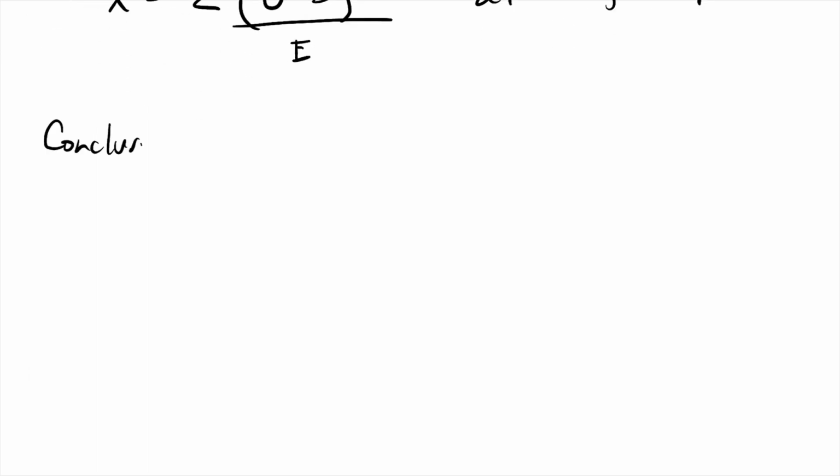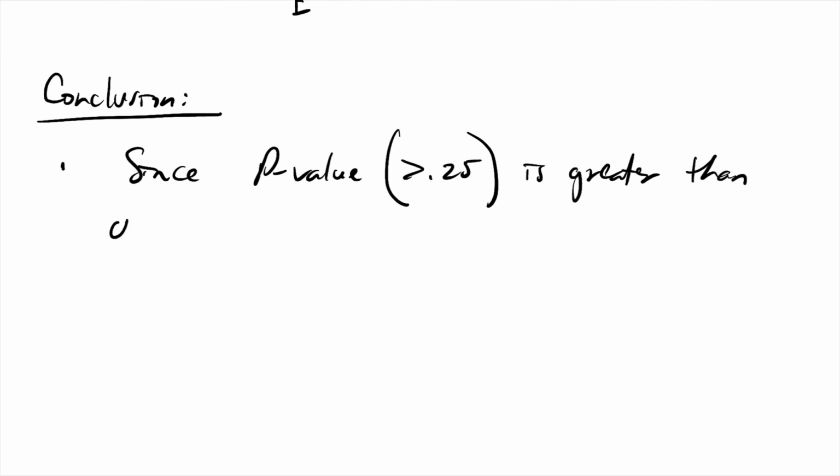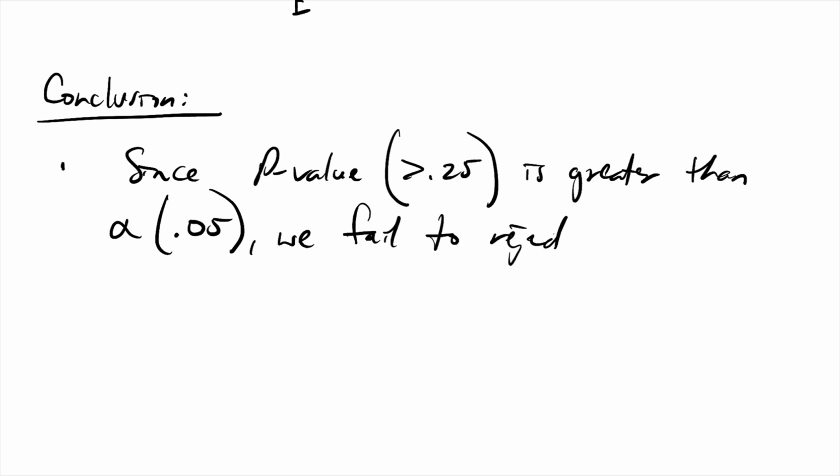Conclusion. Okay, since the p-value, which was greater than 0.25, is greater than alpha, which is 0.05, we fail to reject the null hypothesis. Okay.